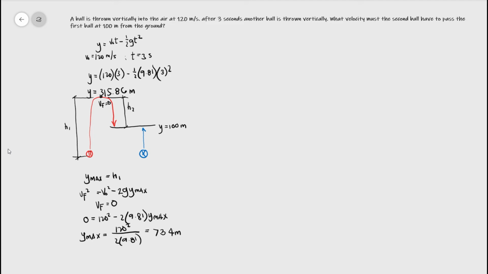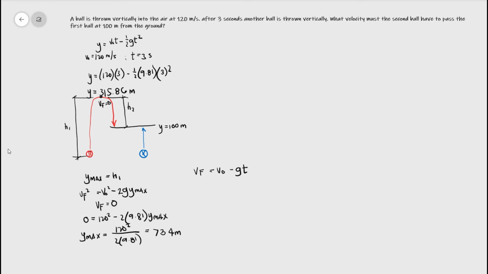Okay, now traveling 734 meters, how long did ball 1 take to reach that height? We're looking for the value of t, the time when the ball reaches its maximum height. We will use again our kinematic equation, wherein vf is equal to the initial velocity minus g times the time.